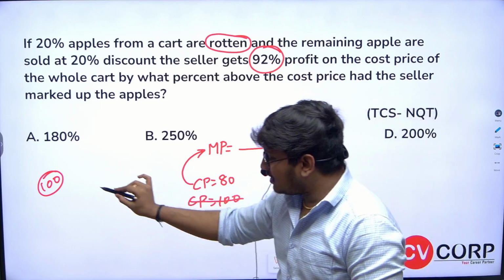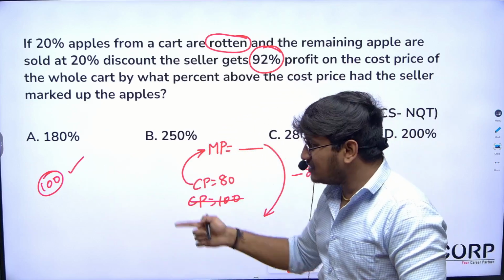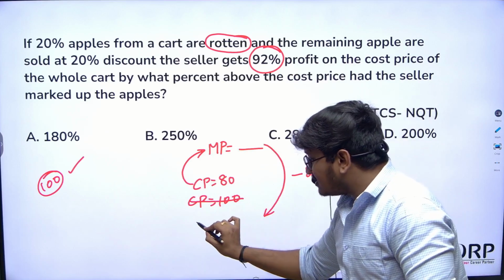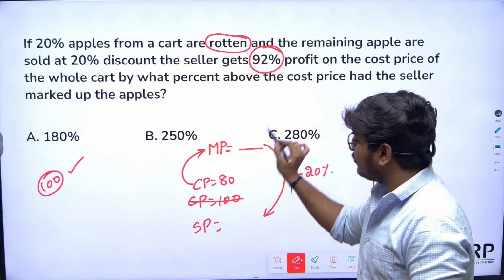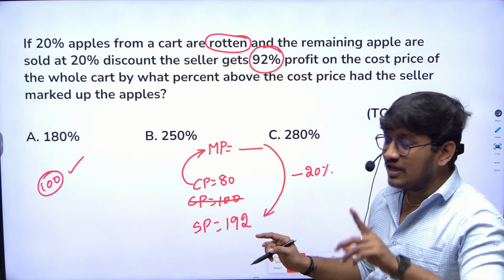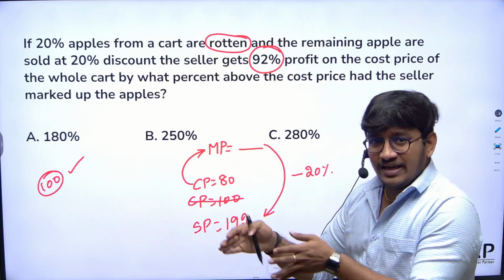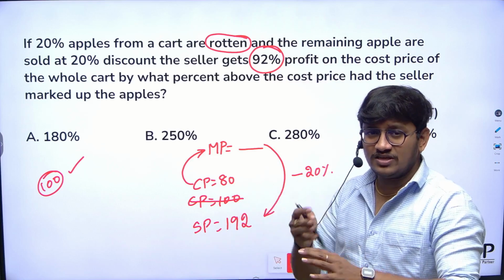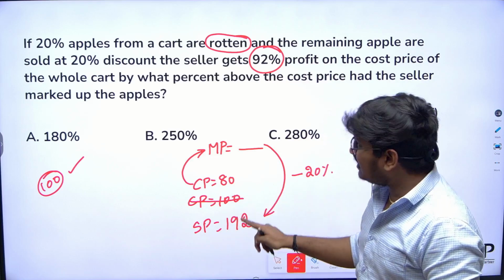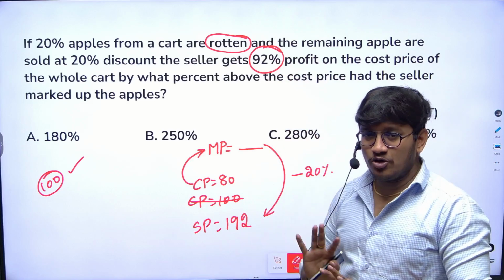The seller spent 100 rupees on the apples. Now when he is getting 92% profit, he would have sold that for 192 rupees, correct? Because he spent 100 rupees on buying apples, and finally, whatever the process of giving discount and everything, he is getting 92% profit, meaning he would have sold it for 192 rupees. I hope you are clear with this.